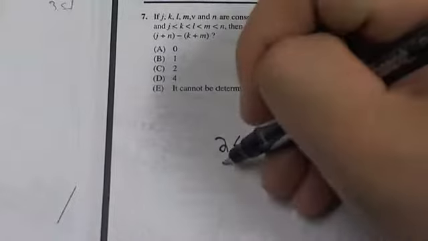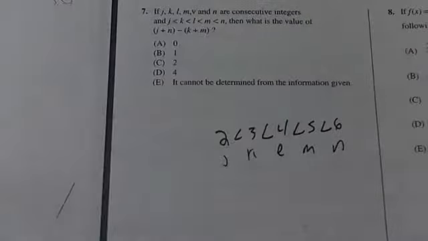So again, we'll make up numbers. Let's do 2, 3, 4, 5, 6. This is j, k, l, m, n.